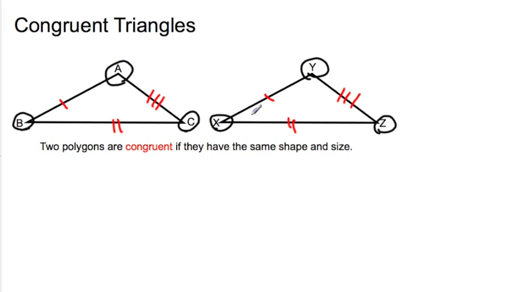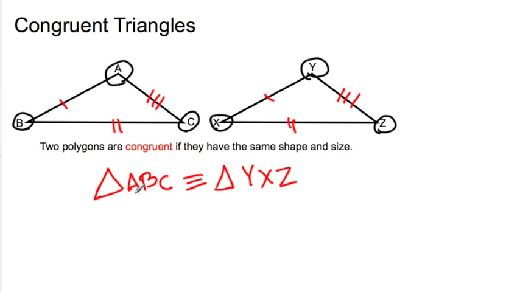So what we can say is triangle ABC is congruent to triangle YXZ. That's the way we would write that down. Important here: triangle ABC is congruent to triangle YXZ. Notice the order of the letters.